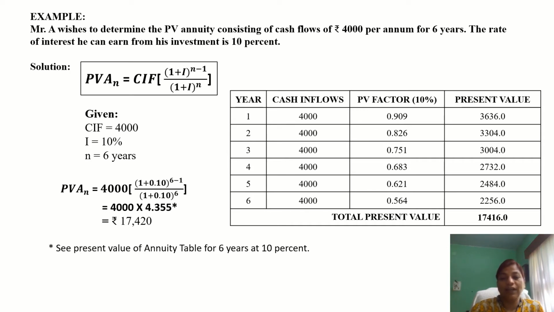Here the value is slightly different because of rounding. Directly by calculating, or from the present value annuity table, you get the value of this particular discounting factor. That is what I have given: 1 plus 0.10 raised to power 6 minus 1, divided by 0.10 times 1 plus 0.10 raised to the power of 6.